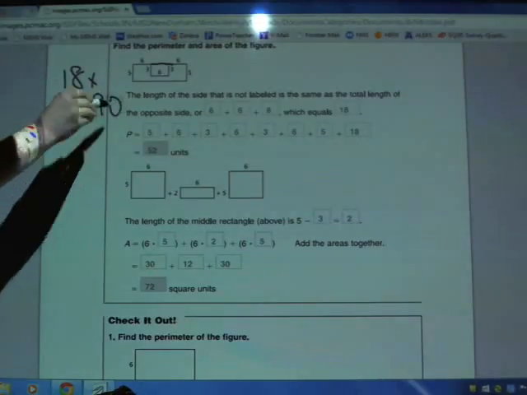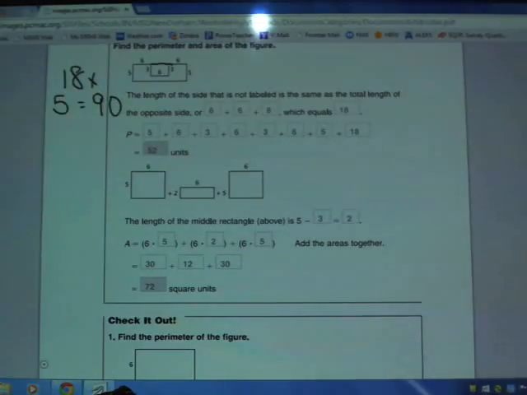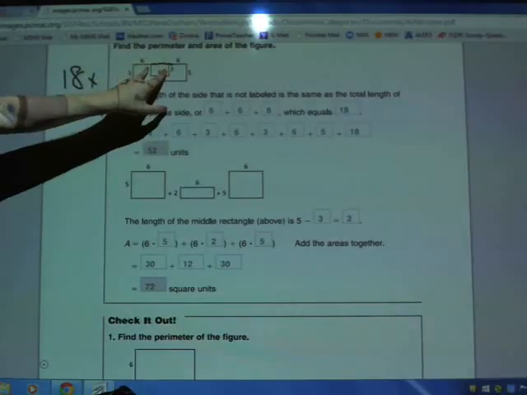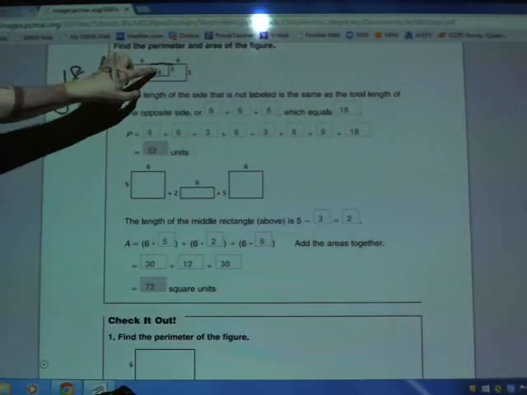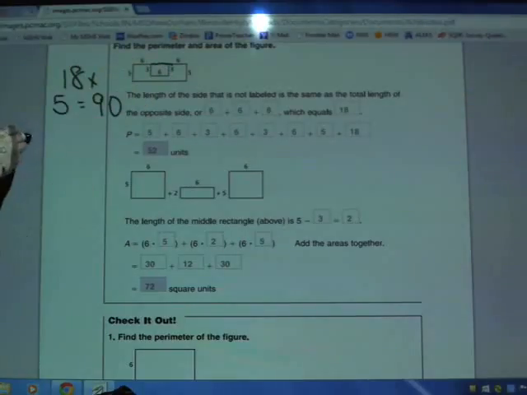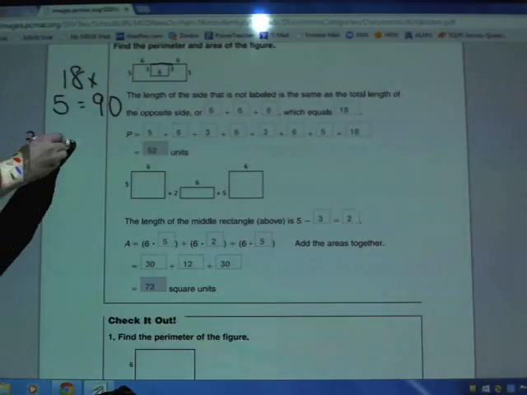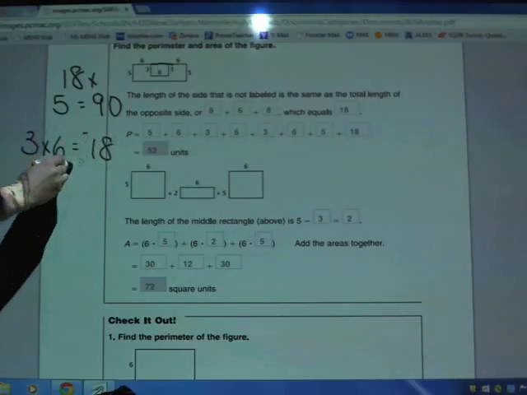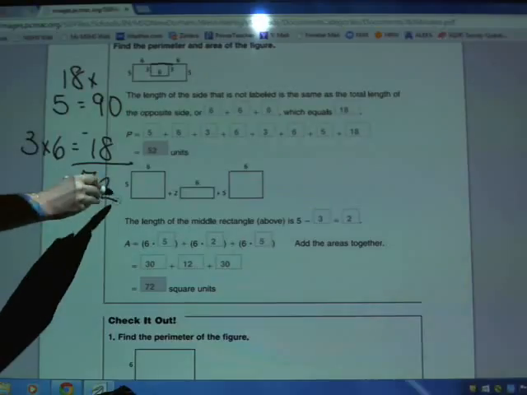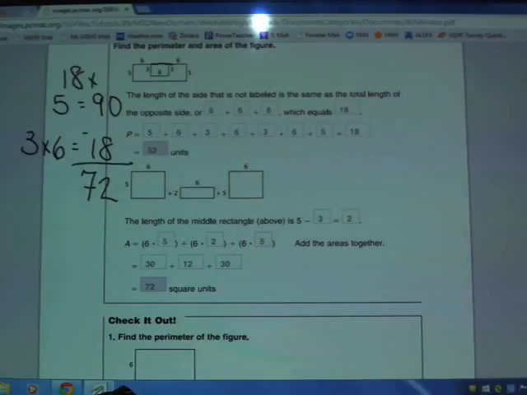Some of you are wondering, well, how does that help me? You didn't really find the area of what's there. Well, actually I did. What I'm going to do now is subtract off this little piece that I added on. That little piece was 3 by 6, which is 18. And so now to find the area, I'm just going to do 90 minus 18, which is 72. You have the option of doing whichever method works best for you.